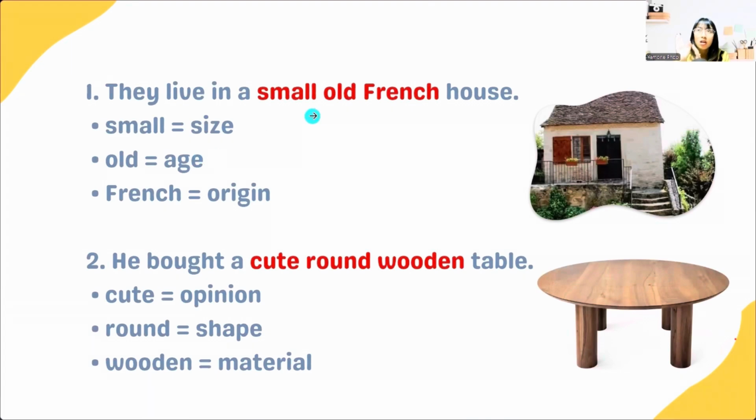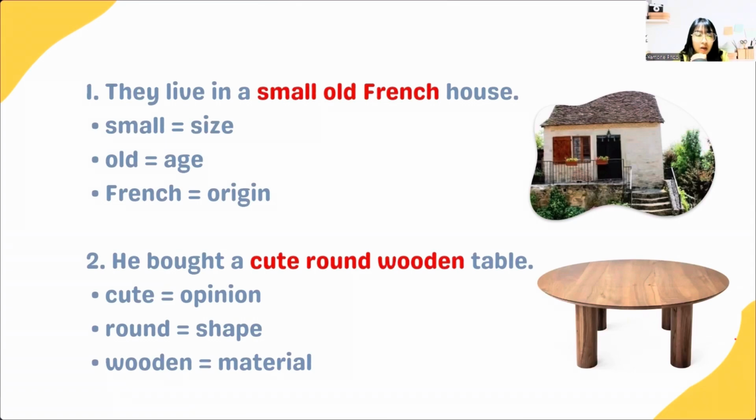When we think about the order, opinion, size, age, size comes first and then age comes second. Then French is origin, where it's from. So size, age, origin. You need to think like that.